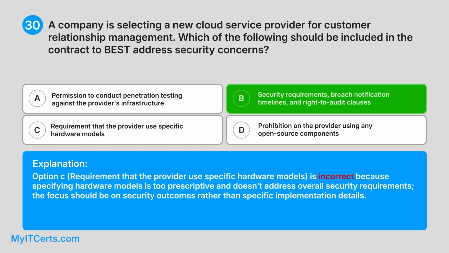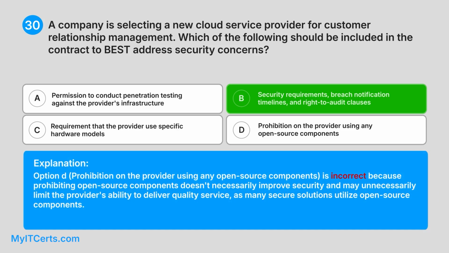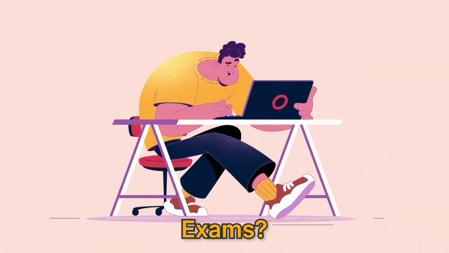The focus should be on security outcomes rather than specific implementation details. Option D, prohibition on the provider using any open source components, is incorrect because prohibiting open source components doesn't necessarily improve security and may unnecessarily limit the provider's ability to deliver quality service, as many secure solutions utilize open source components.